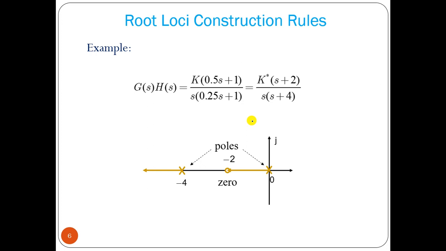For that we can take another example. Say we have a pole at 0, a pole at -4, and a zero at -2. If you look here in this area on the right-hand side, you don't have any pole or zero, so there is no root locus path. Between these two points, on the right-hand side, we have one pole, so we have the root locus path from pole to zero.